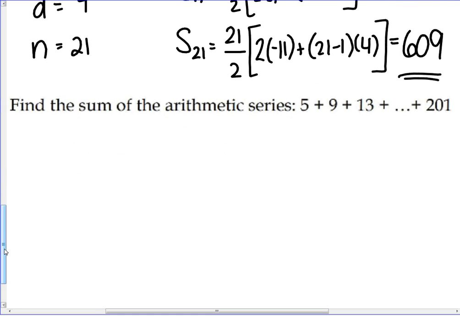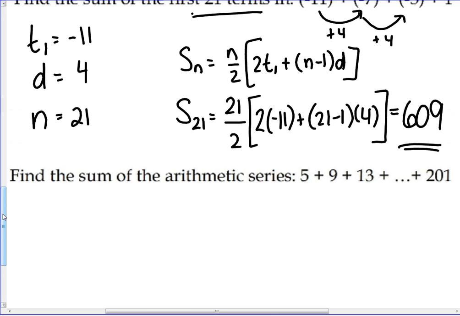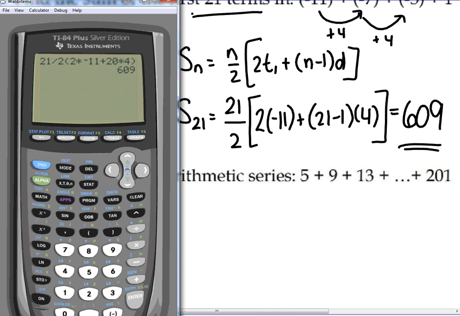Can we go on? Oh, did you not get 609? Did anyone else? Everyone got a different number? That's 609? Okay, so it could be a bracket issue when you're typing it in.